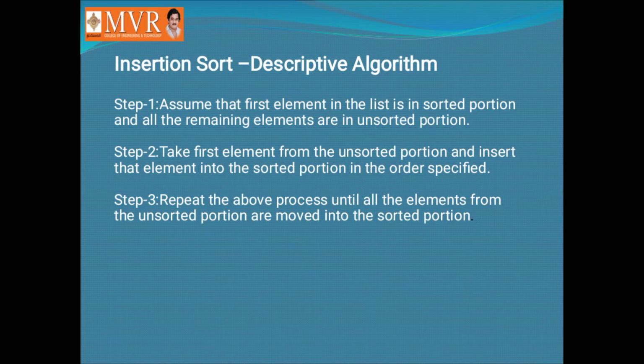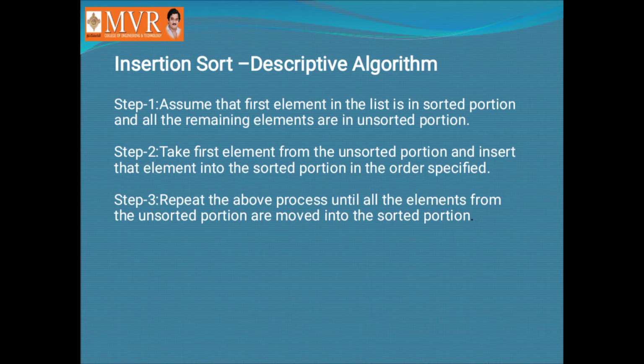Here our example array will be in unsorted manner, and we have to bring it into the sorted manner. To do this, first we assume that the first position element is in order and start the process.